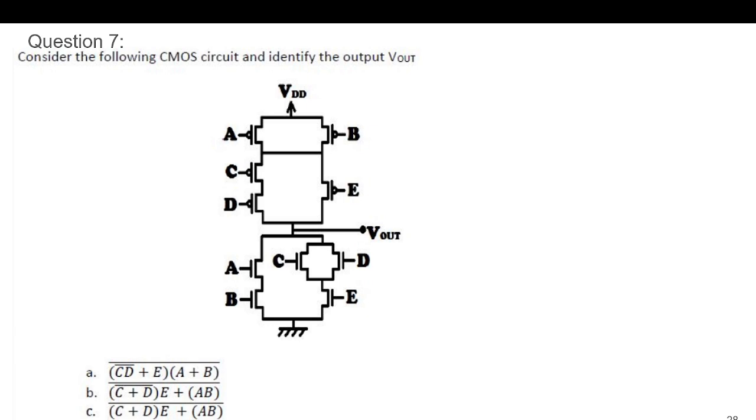And the output of this circuit: this will give A dot B, this will give C plus D, and this will be into E. Correct.